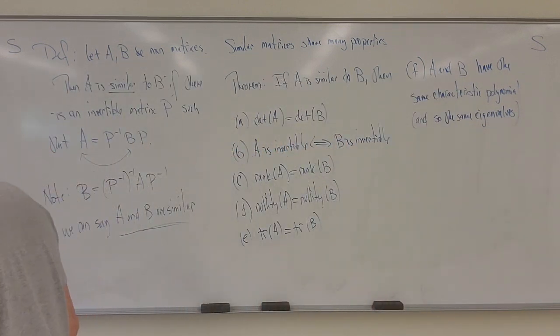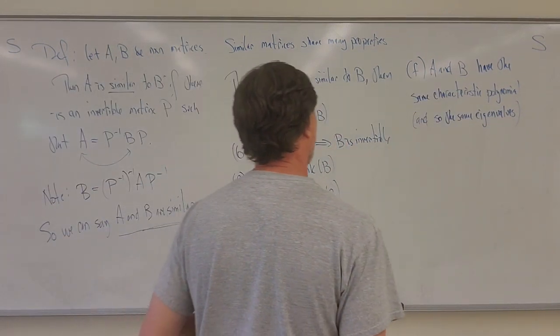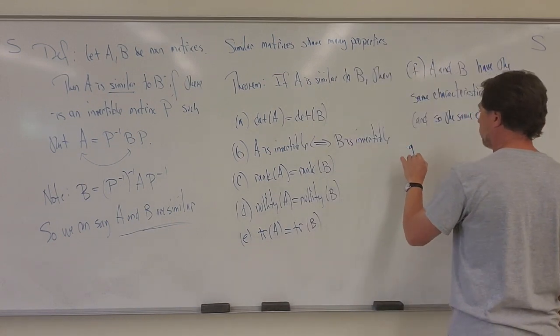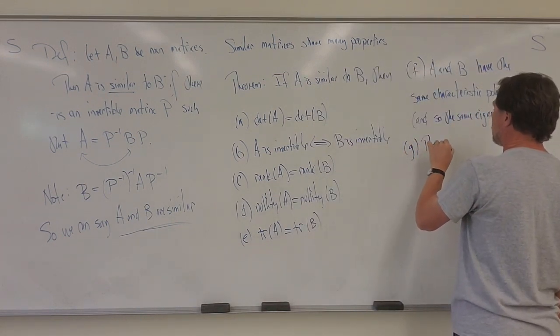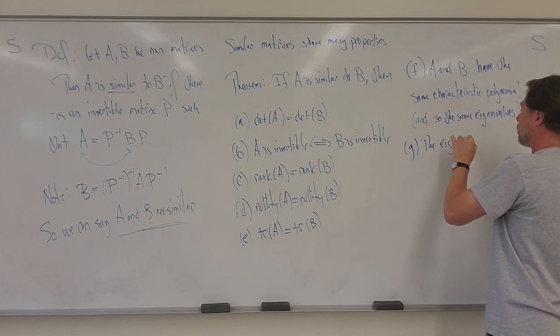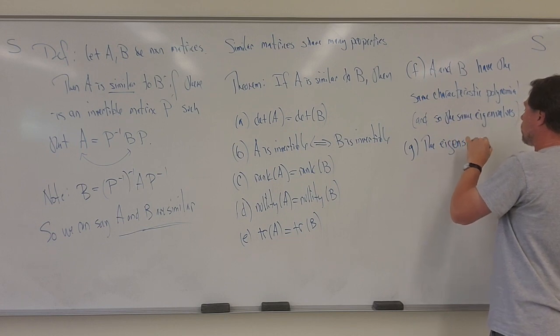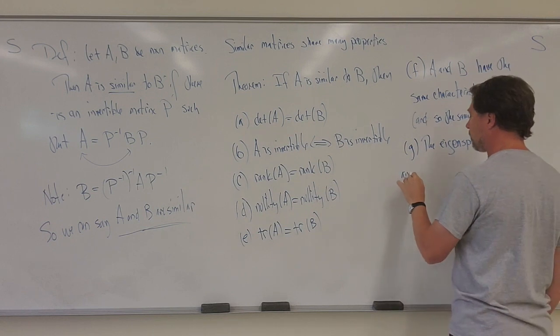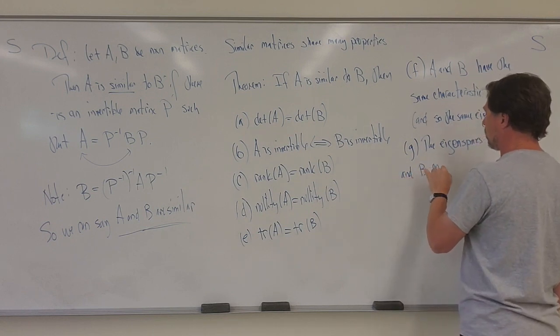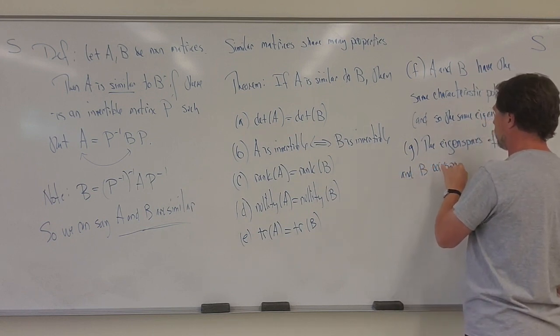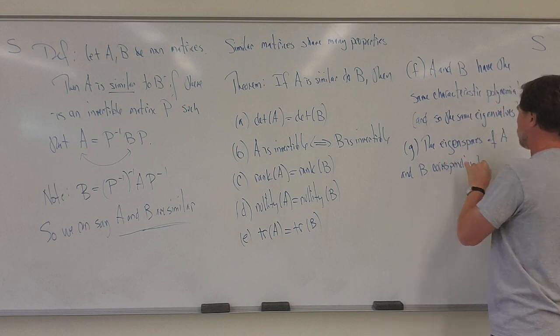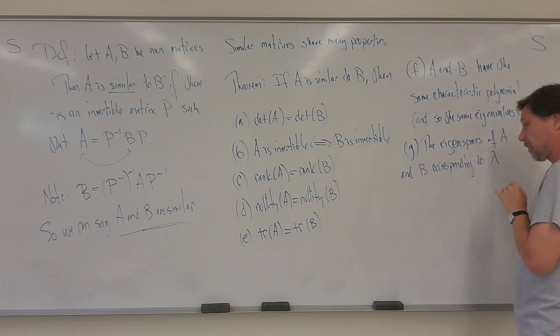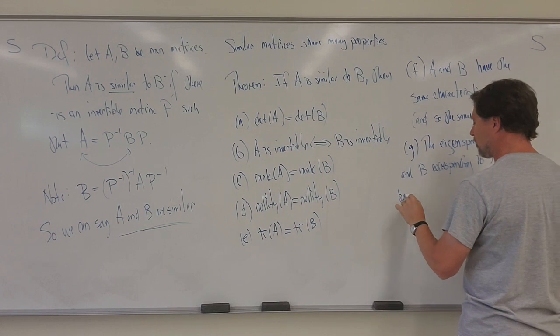And then the last one, part G: the eigenspaces of A and B corresponding to, let's say, lambda, have the same dimension.